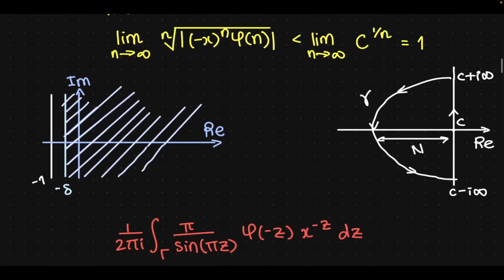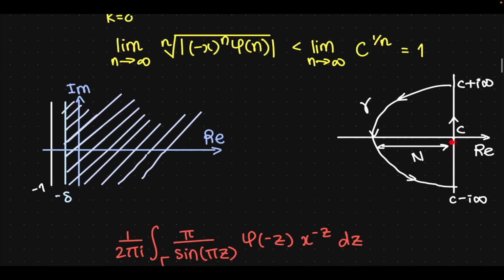The radius of this semicircle is going to be capital N, which I'm going to set to be some natural number. It doesn't matter, we're going to take the limit later anyways. The semicircular closure on the left side of the real axis I'm going to call small gamma.